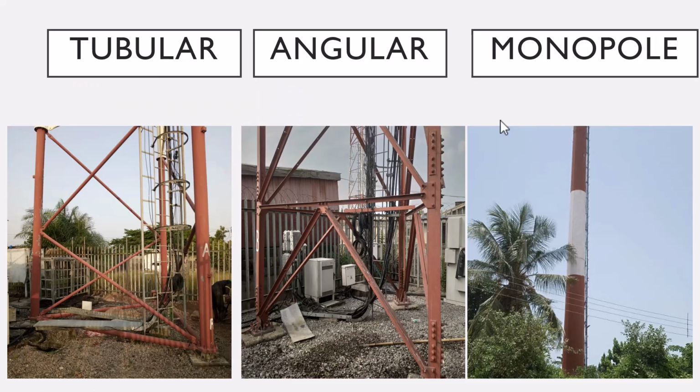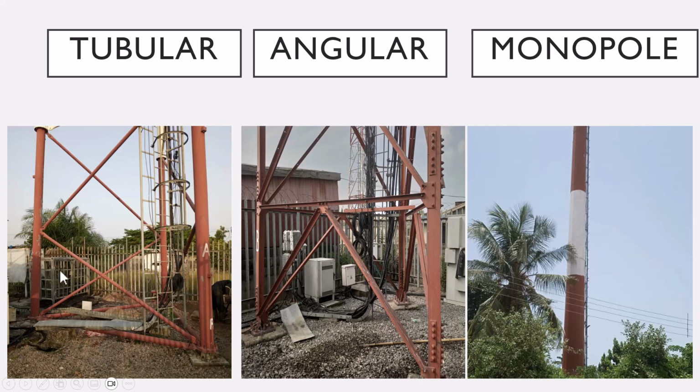Still on this member type, these are simple examples of a tubular tower. Like I said, the difference between this and this right here is that this is just a singular member going straight up, and this is always larger in size, for sure, due to its height and everything, while these are smaller.